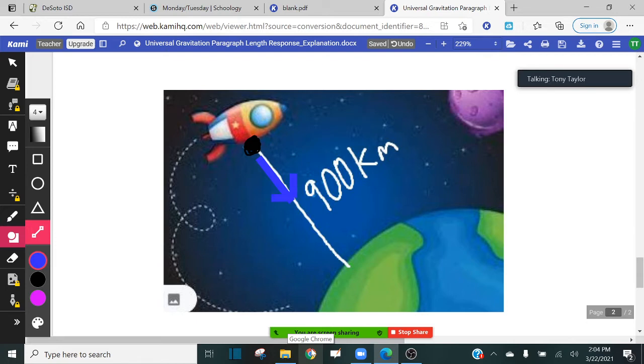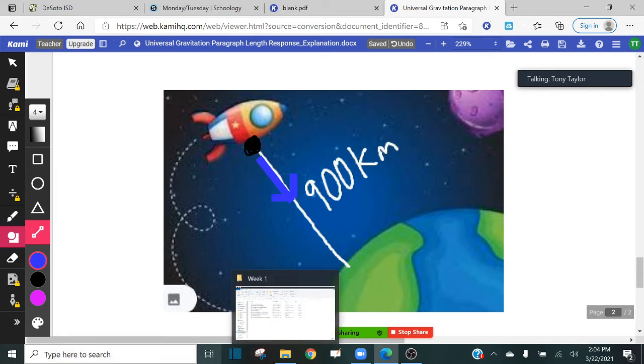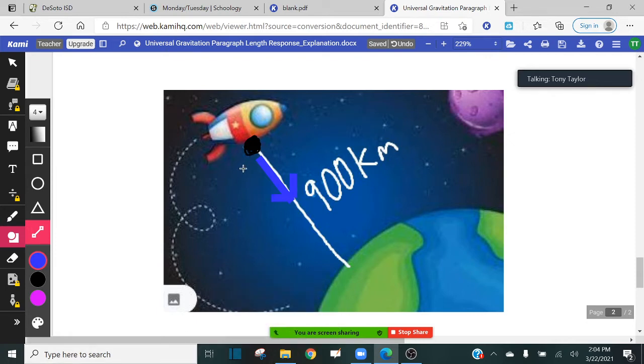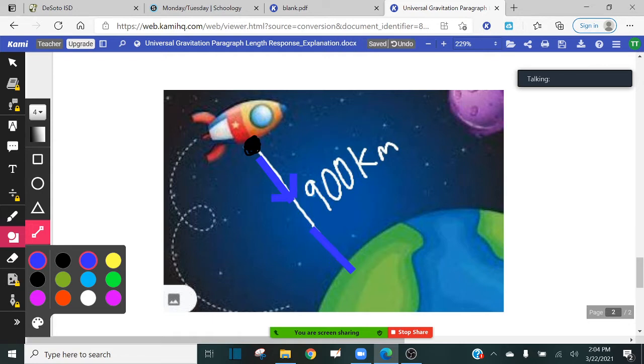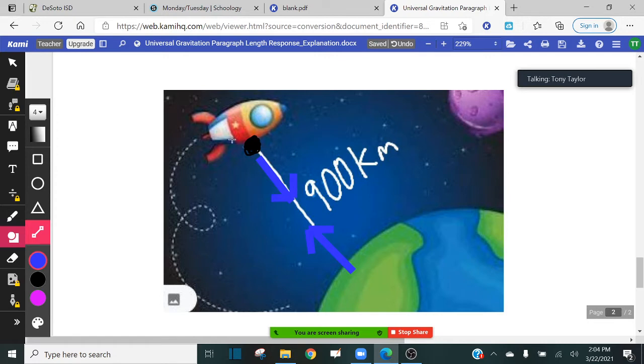However, remember, for every action, there's an equal and opposite reaction. If the Earth pulls on the package, then the package is also doing what? Pulling on the Earth. Okay. So guess what, guys? Not only is the package moving, but the Earth is also moving too.